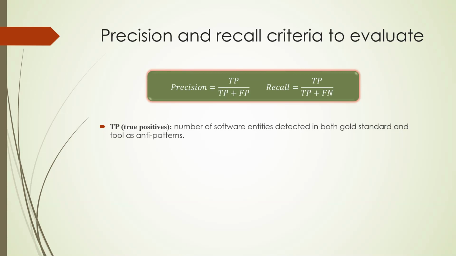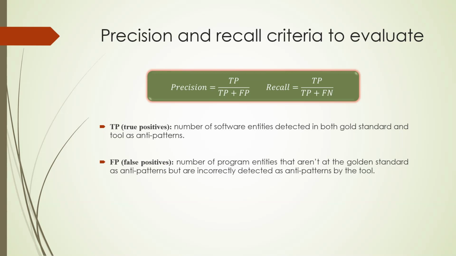TP, true positive, is the number of software entities detected in both the gold standard and the tool as anti-patterns.